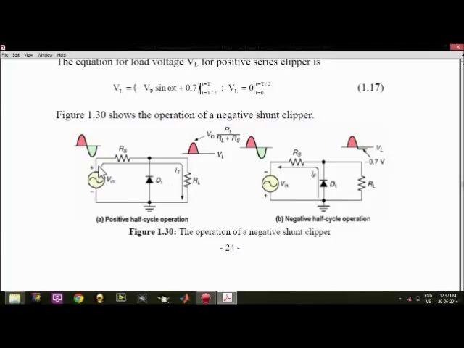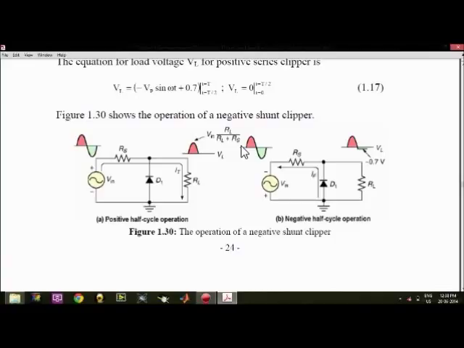When the positive part encounters this node, this diode is in the reverse bias condition, so no current flows to this diode and we get the net output as positive. And when the negative part goes through, this diode conducts and no current is flowing across RL. So for this we get the resultant as V in into RL by RL plus RS.